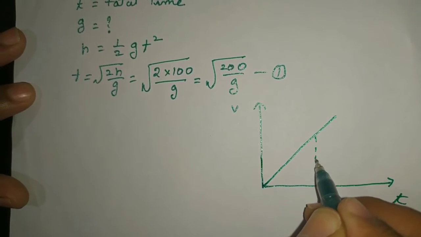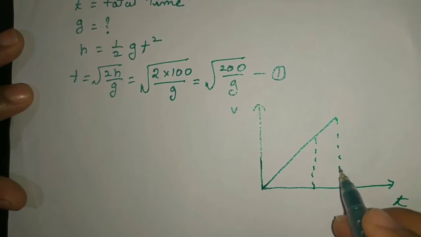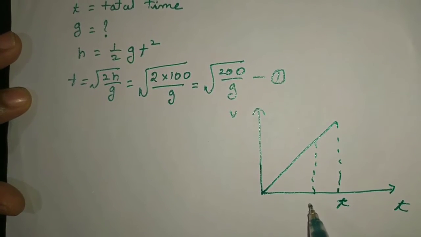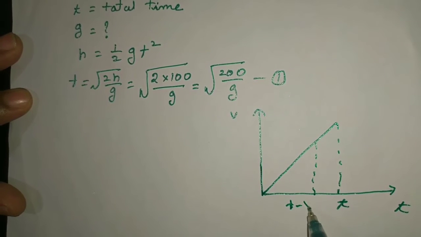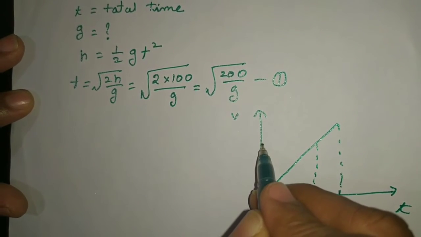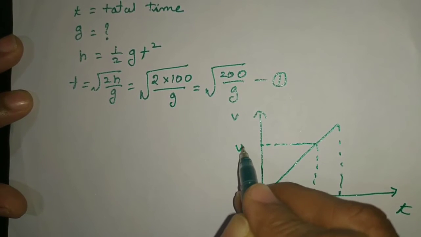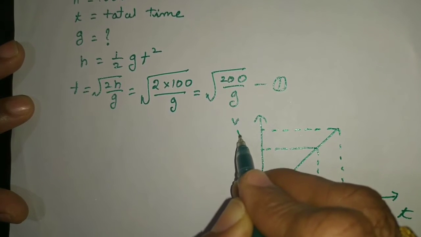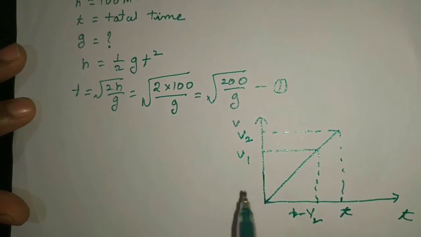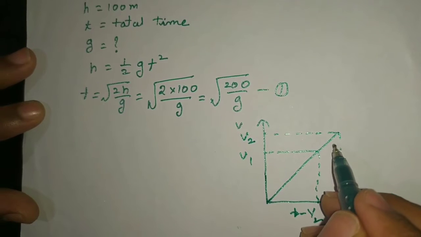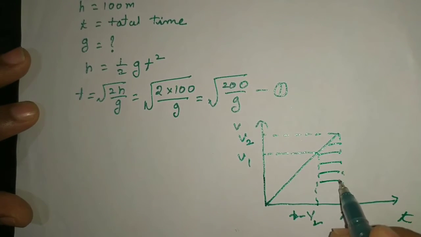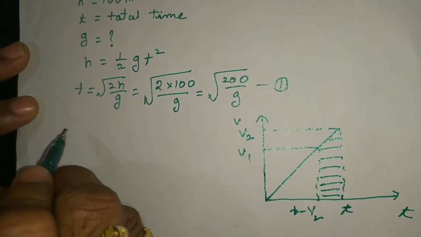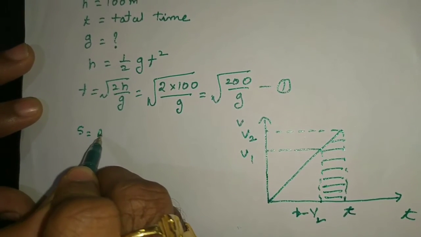The total time of journey is t seconds, and before that is t minus half second. At t minus half second, velocity is v1, and at the end, at time t, velocity is v2. Here we have a trapezium as drawn.